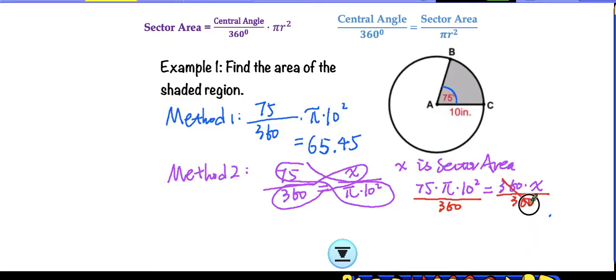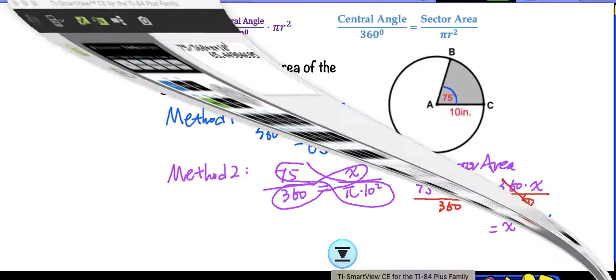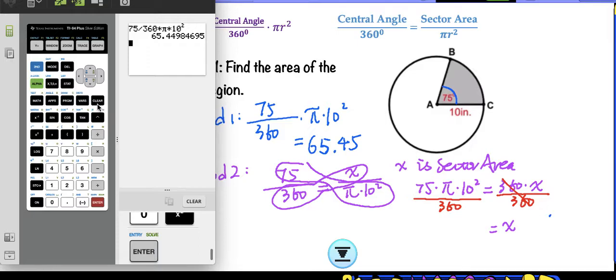Now, 360 is not there anymore. We can put an x here. You don't need to break down the steps. You can find the value on the top and then divide by 360, or we can just type everything together. So let's clear whatever we had before.